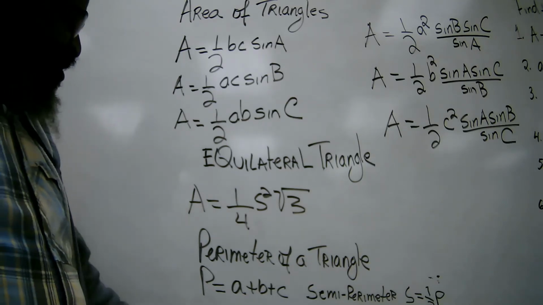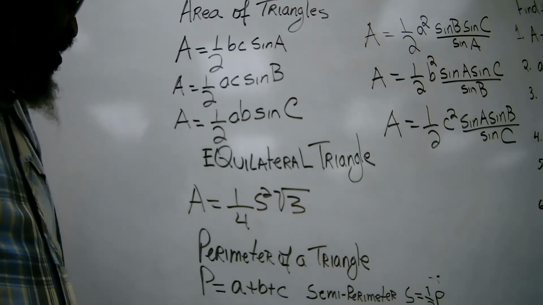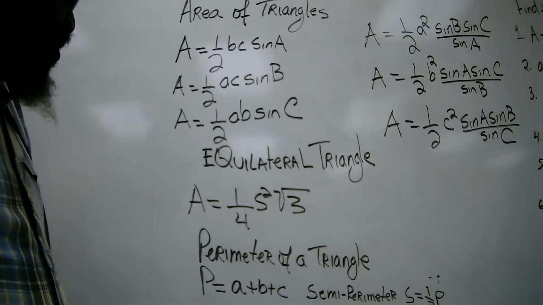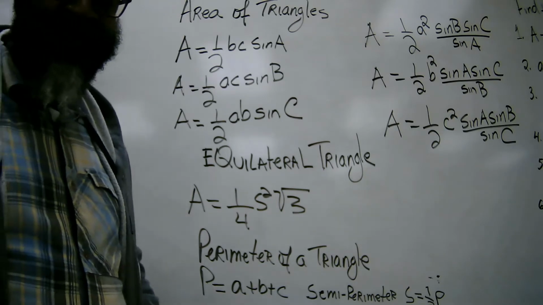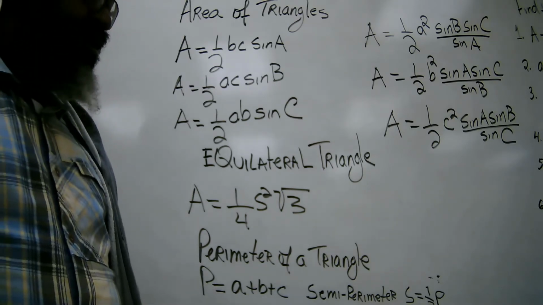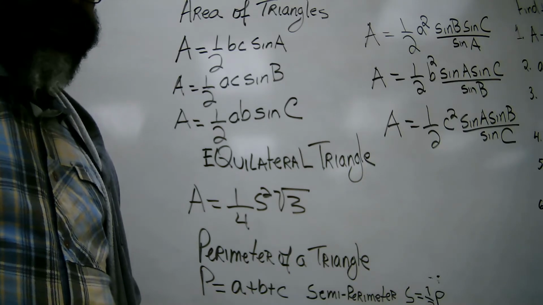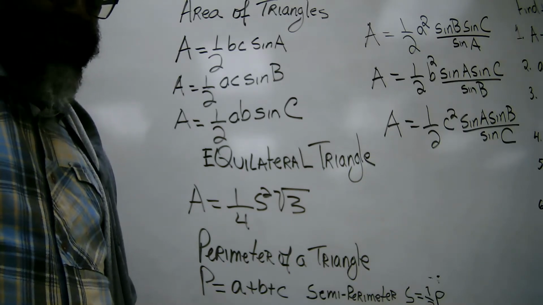So also we have what you call the Heron's formula, where you have a triangle, and if you know the three sides of the triangle, you find the perimeter first. Once you find the perimeter, you find what you call the semi-perimeter. You take the perimeter, divide by 2, that will give you the semi-perimeter.